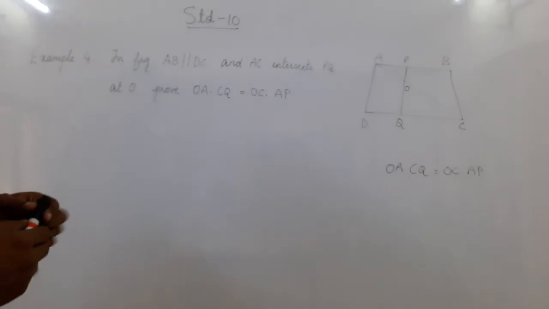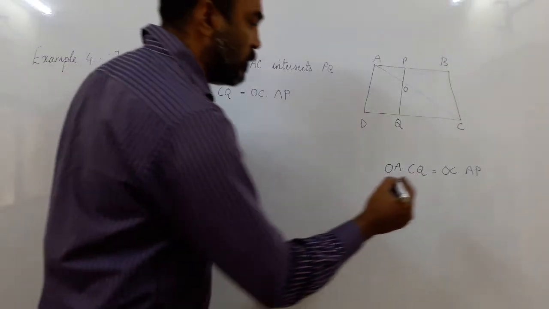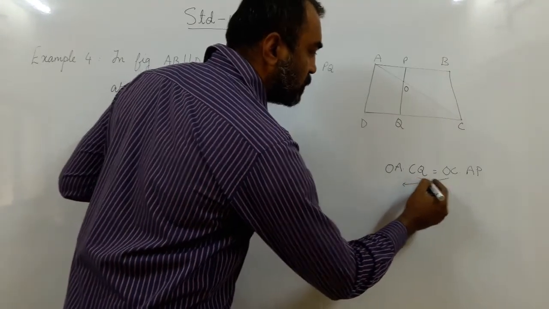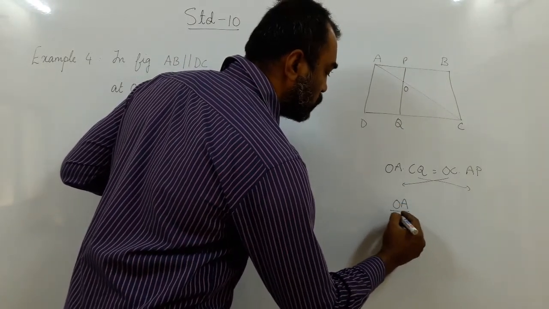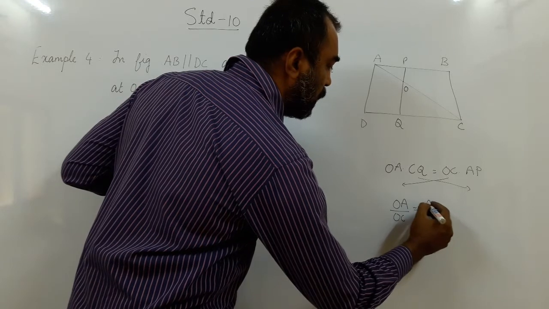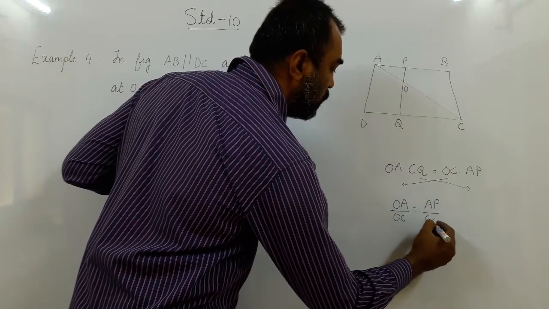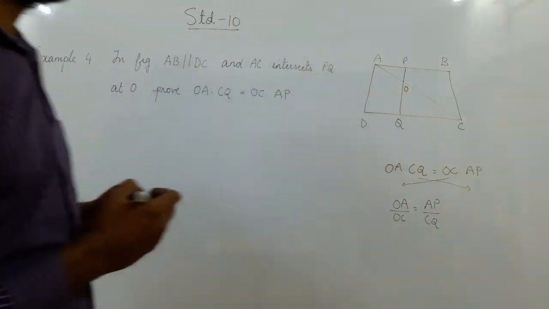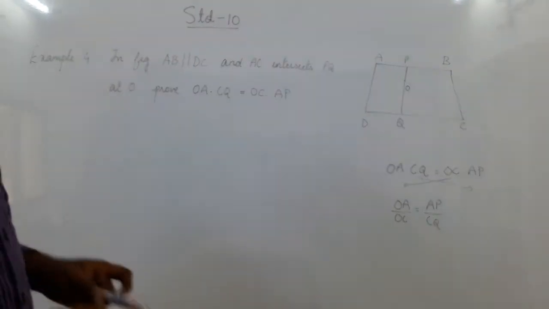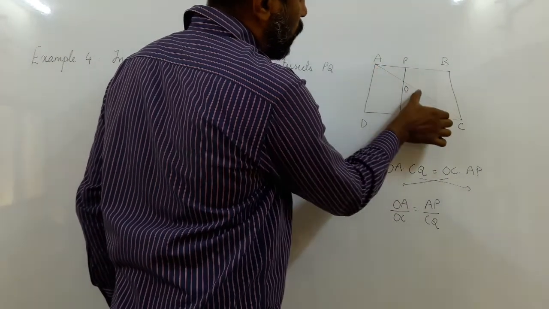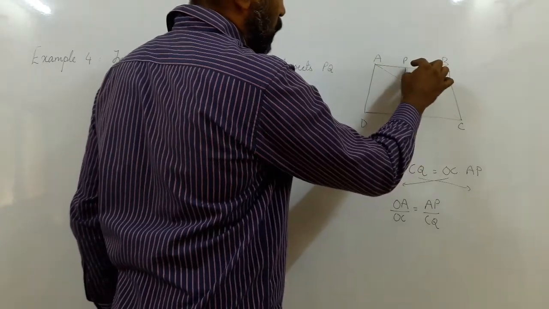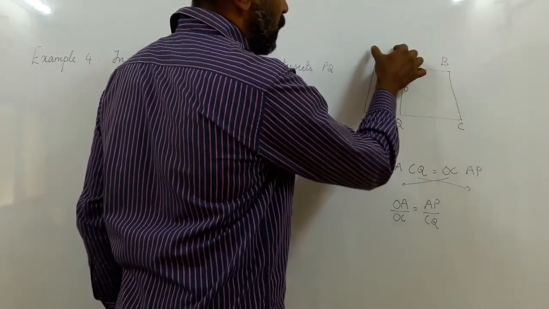So if we rearrange it, if I bring the OC down here and CQ down here, then it is OA upon OC equal to AP upon CQ. So what have we got? OA upon OC equal to AP upon CQ.